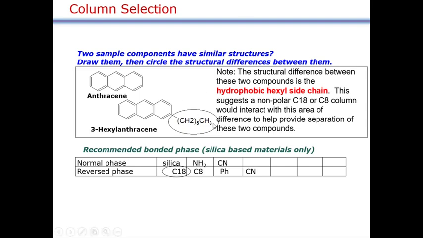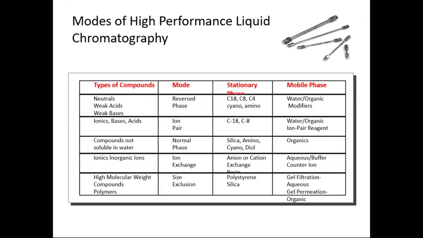But if you look at this structure, C6, it will have very high interaction with C8 and it may be very difficult to remove it from the column, to dismantle this attraction between 3-hexyl anthracene and the C8 of the column.